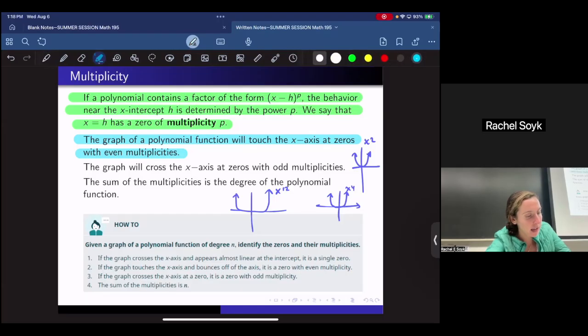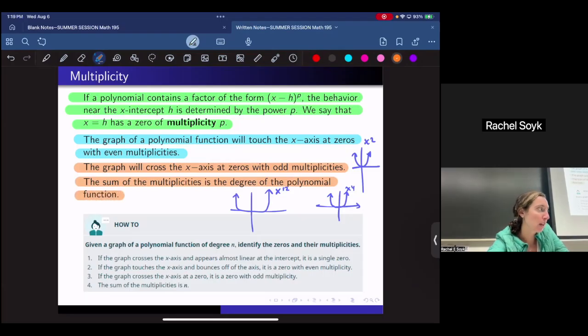And then that last part is when we're looking at odd multiplicities. If you have odd multiplicities, then it's going to shoot through the x-axis. So think of x to the 3rd power, right? We have an odd multiplicity at 0.